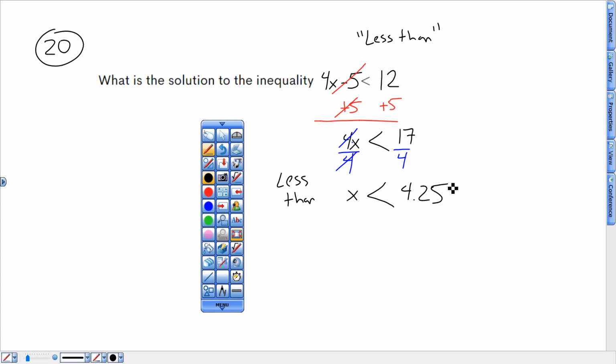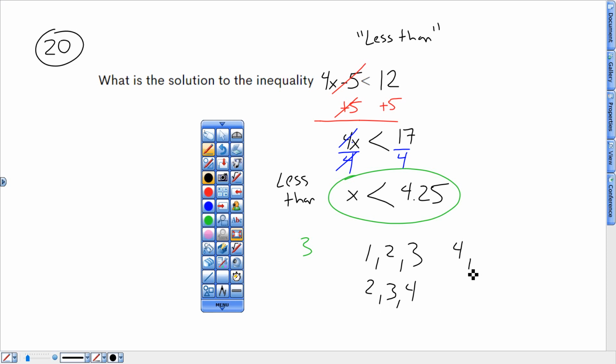And then again, to show me that you understand, give me 3 numbers that satisfy that. So 3 numbers that would satisfy that would be like 1, 2, 3. Or maybe 2, 3, 4. Those would work. Numbers 4, 5, 6 though would be too much. All right, moving on.